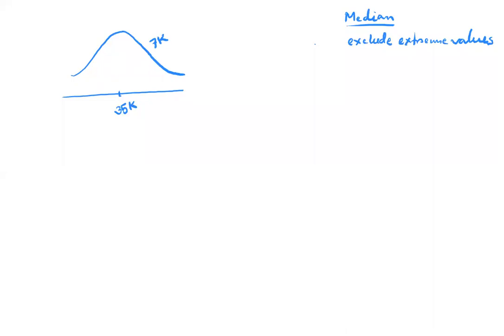So we exclude big numbers, let's put it that way. And mean is 35,000 and standard deviation is 7,000. Remember, standard deviation measures the spread of the data set. How far are the data points in the data set with respect to the average or the middle or the center of the data points?